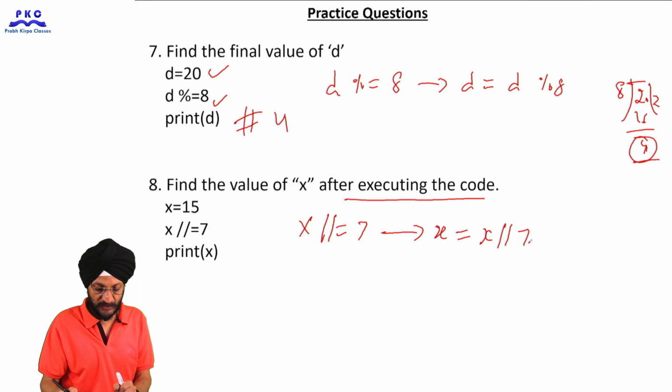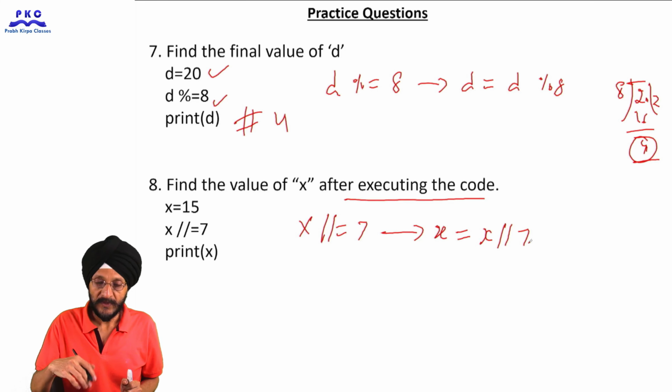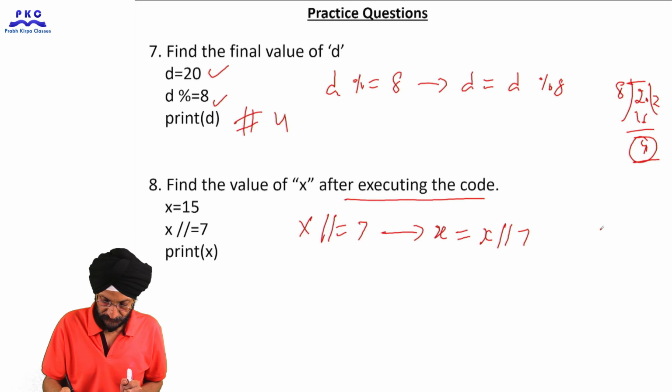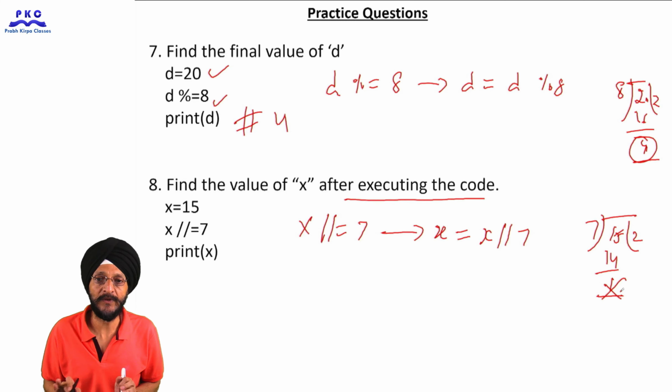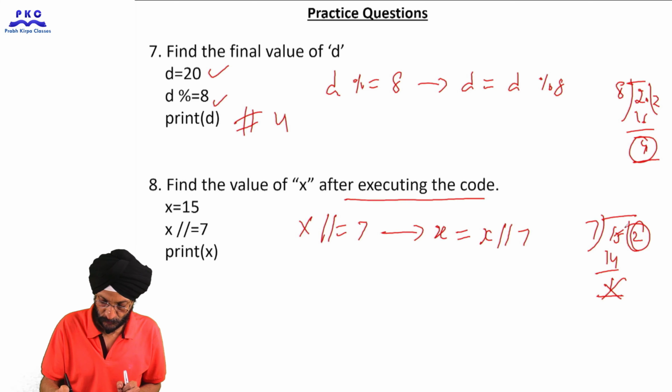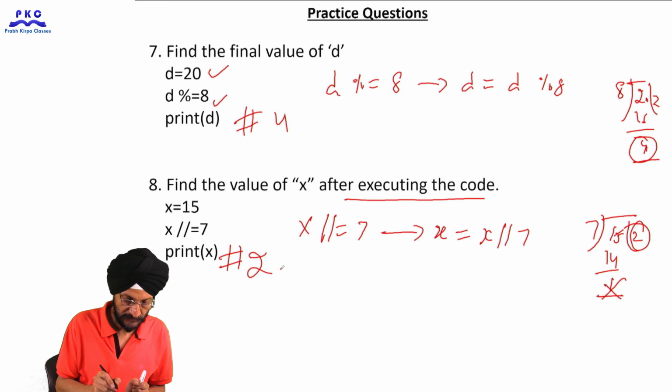What happens in the case of floor division? In the case of floor division, we discard the remainder. Here 15 is to be divided by 7. So here we will discard the remainder, that is, 1 we will not take into consideration. We will take into consideration only this aspect. So here the output will be 2.